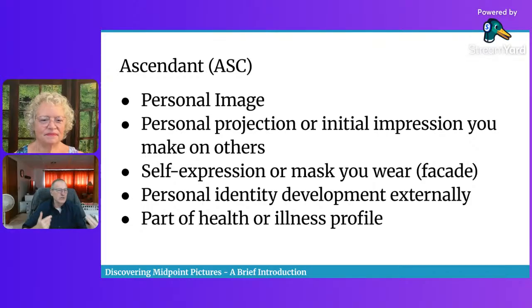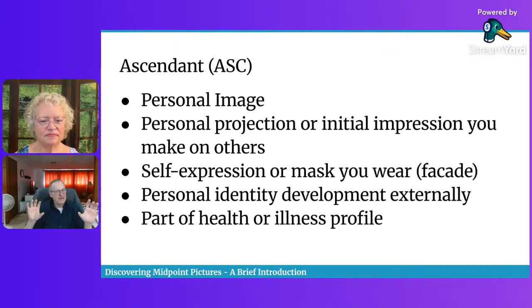Now, why are you trying to impress upon others an image of yourself? Because in this world, we live in the shadow of everybody's expectations, do we not? Yes. So we have our self-expression, but really that self-expression is kind of a mask that we wear. That's why they call the Ascendant the facade.